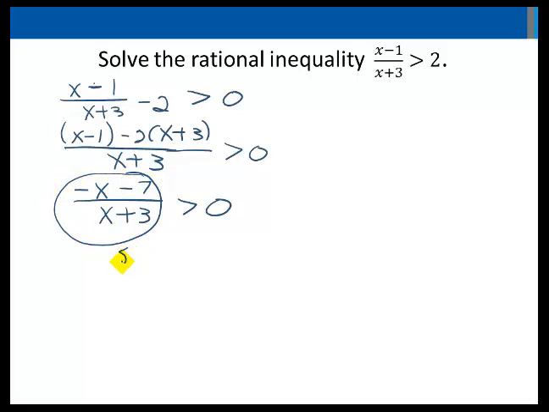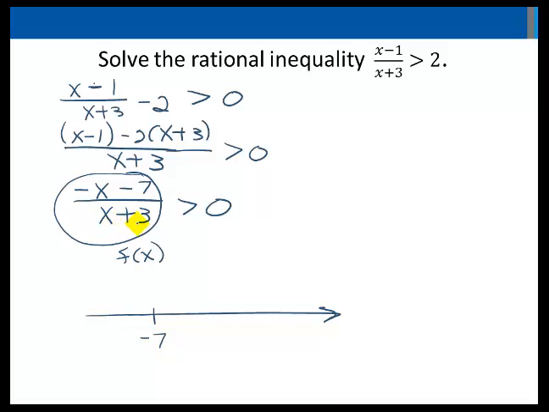We'll call this f(x) to the left of the inequality sign, and it's already factored. What we want to do is create a sign chart using the values of x that would give me zeros in these factors. So if I put -7 in for this x in the numerator, I would have a 0 there.